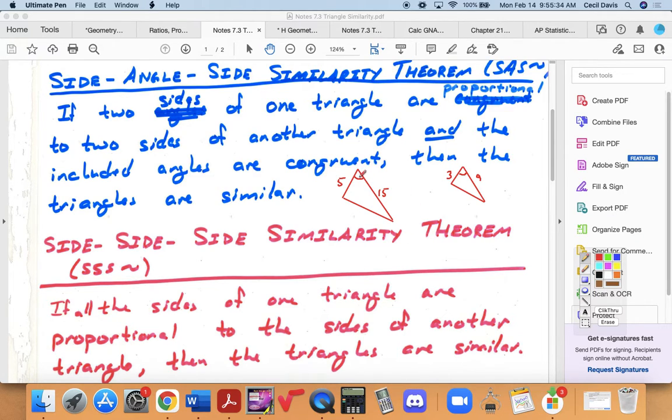So we've got a pair of congruent angles, and we need the sides around those angles to be proportional. So we've got to check that. Is 5 to 3 equal to 15 to 9? Yes. So those two triangles are similar by side-angle-side similarity because the angle is in between the two sides.